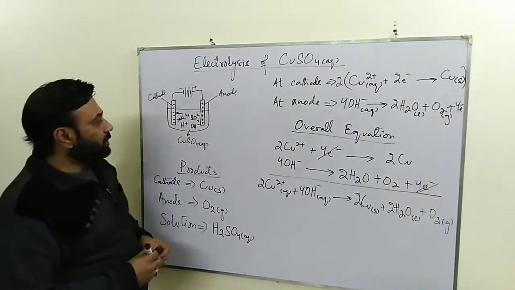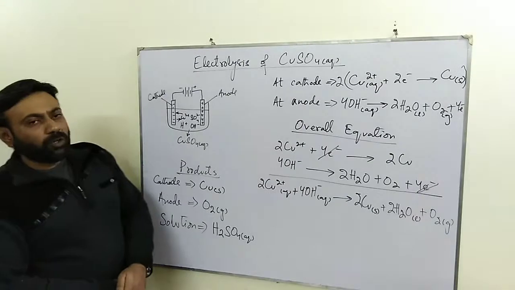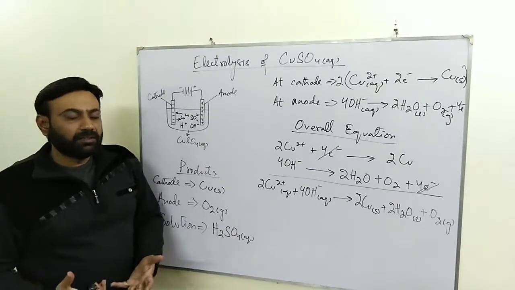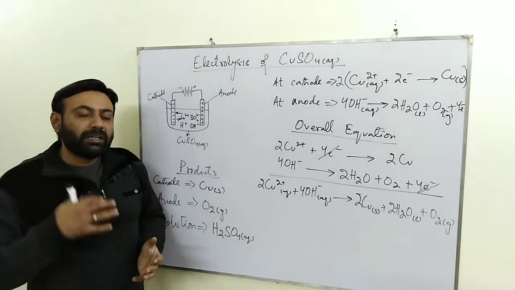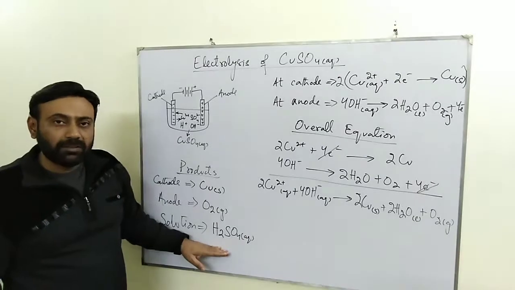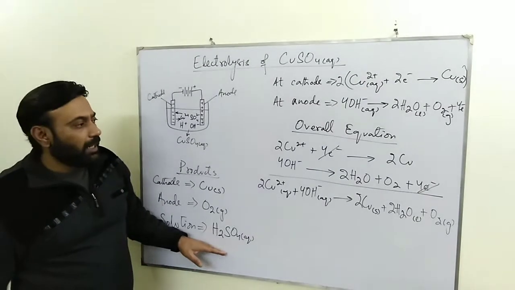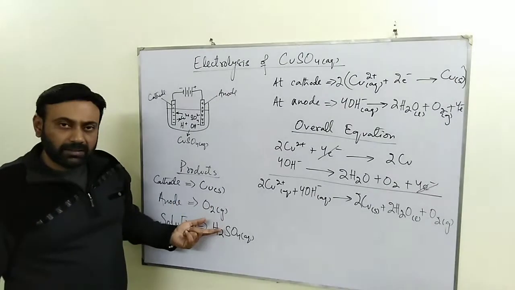So initially the solution contained copper sulfate and water. Copper sulfate is a salt and water obviously is a neutral compound, so the solution was neutral. But after electrolysis we'll get an acidic solution as sulfuric acid is being formed in the solution. That is the solution product, and we'll get pure copper and oxygen gas during the process.